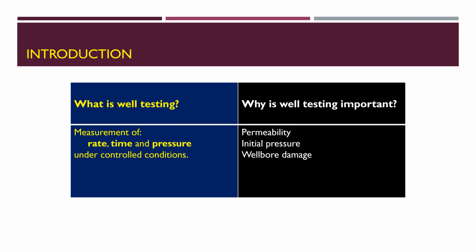Permeability, we cannot measure it, but from well test, we can estimate it. The third one is wellbore damage. We need to identify if we already have a skin as a result of drilling or things like that. Of course, we know that skin has a bad effect on the productivity of the well in the future.